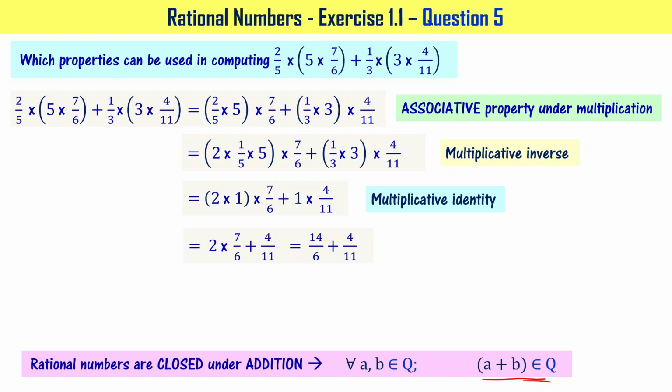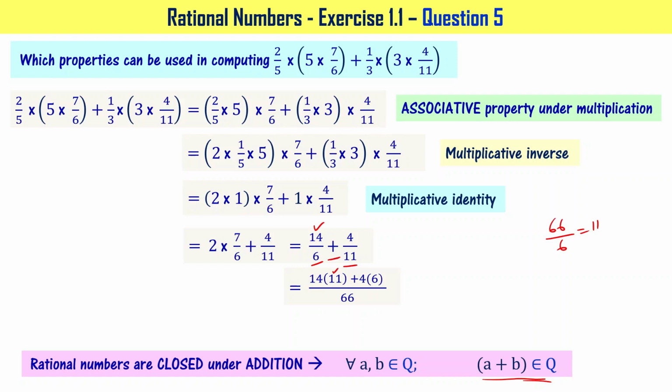So 14 by 6 plus 4 by 11, look at this, the denominators are 6 and 11, right? So the LCM of 6 and 11 is 66, right? I'm going to divide 66 by the number 6. That gives me 11, right? That's why we have multiplied this 14 with 11.